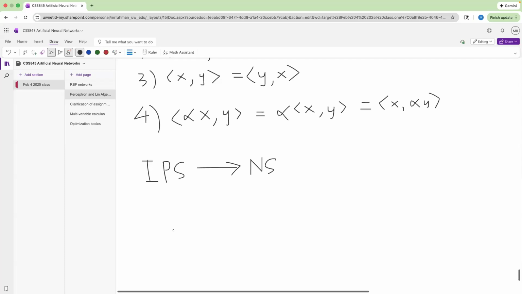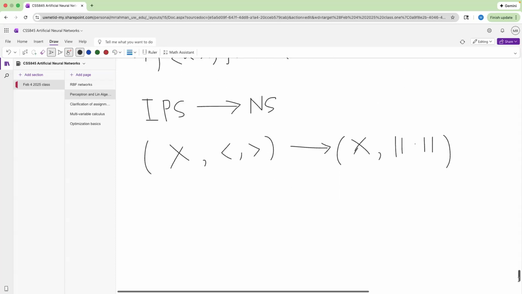Let's say I have an inner product space on X where I have defined an inner product structure. From this, I want to get a norm space where I have the same base set of vectors, but I want to define a norm or length for each vector, right? So how can we do that?